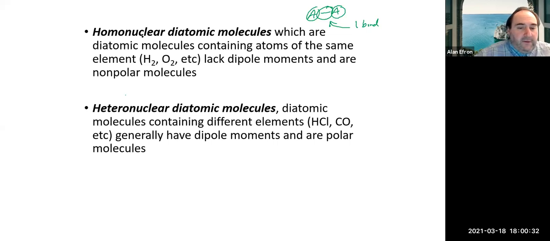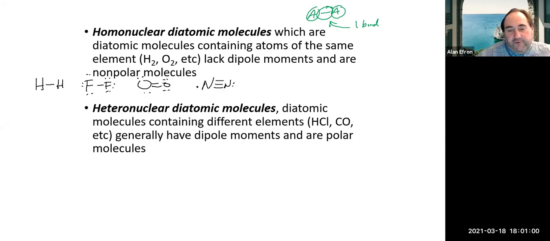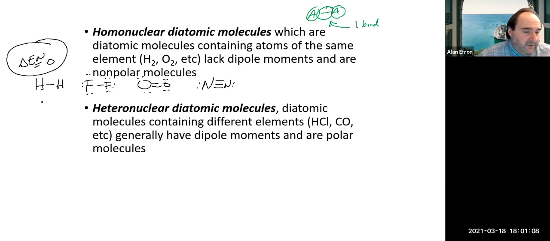So if we have a homonuclear diatomic molecule, that is a big word that says basically two of the same. So if you have two of the same elements like H2, F2, it doesn't matter if it's single bonded, doesn't matter if it's double bonded like O2. I'm not sure why the O is bigger, just imagine it's not. Doesn't matter if it's triple bonded. All these, if you did the difference in electronegativity values, would give you a difference of 0.